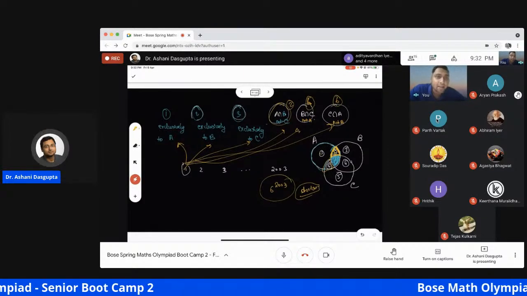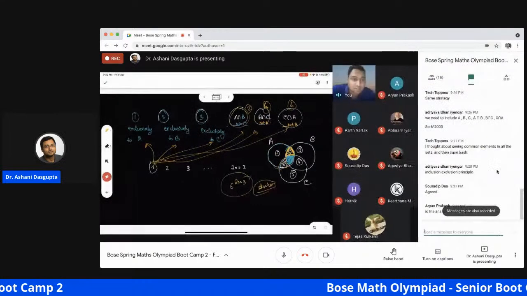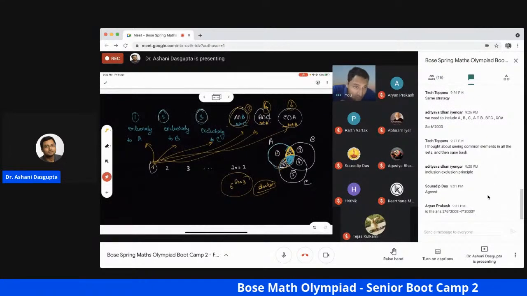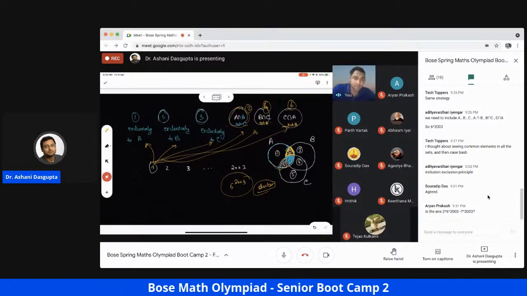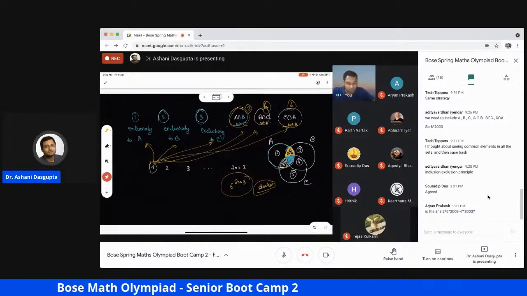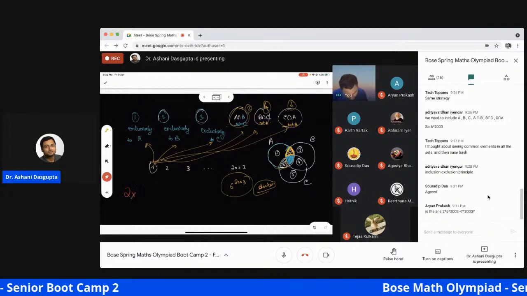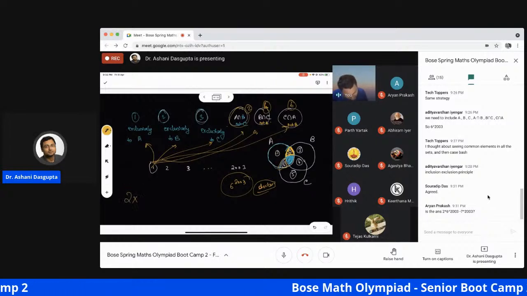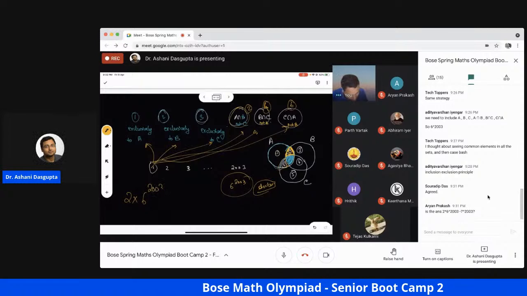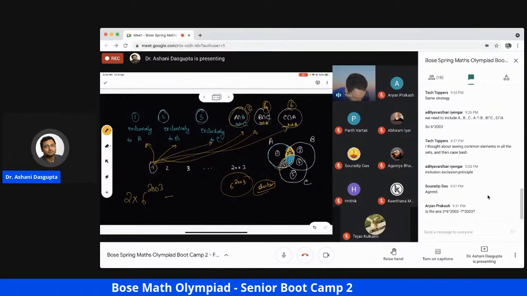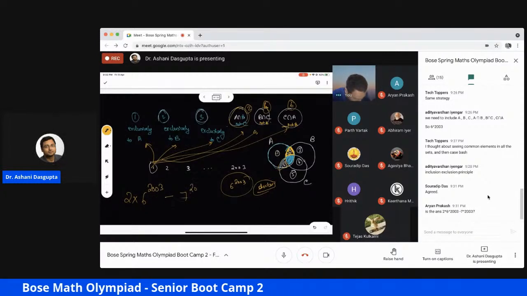Okay, so if that happens, is that the answer? Okay, so Aryan Prakash is saying the answer should be 2 times 6 raised to 2003 minus 7 raised to 2003. Why is that?